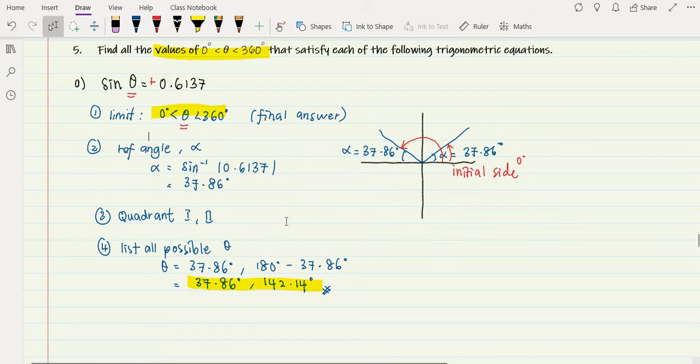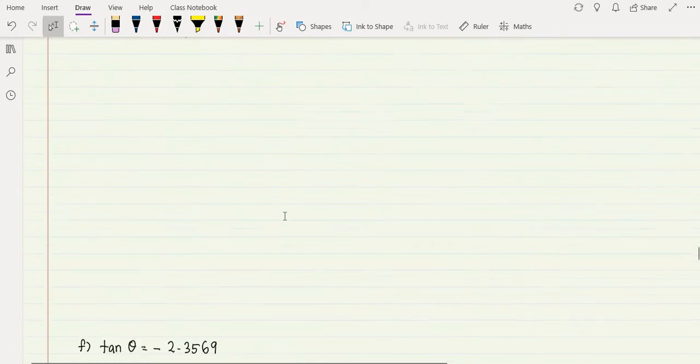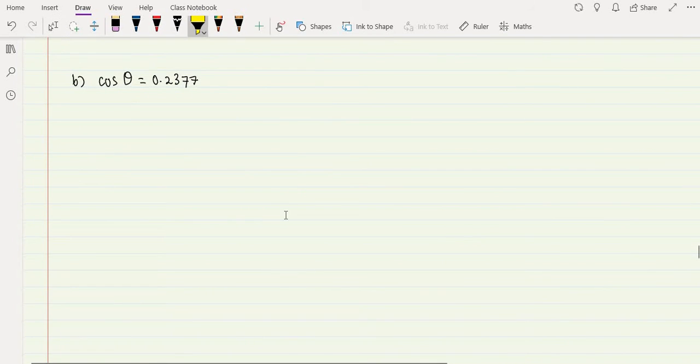Okay, so now let's proceed to the next example. You are given cos theta is equal to 0.2377. Here again we need to check the limit. The given limit is still that theta must be between 0 and 360 degrees. Next we need to find our alpha.